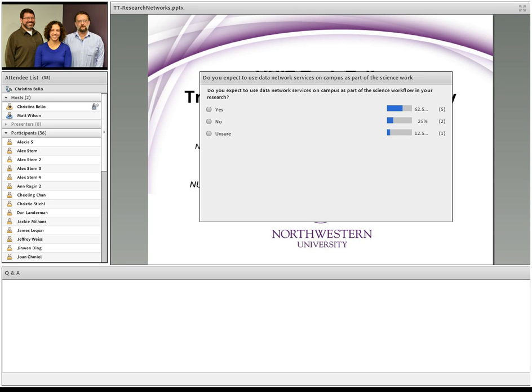If you're unsure, you can check that as well, and we'll address this a little bit during the presentation today to make that clear if that's something you may be interested in using for your research. Looks like we definitely do have some people that do use the data network services, which is fantastic.